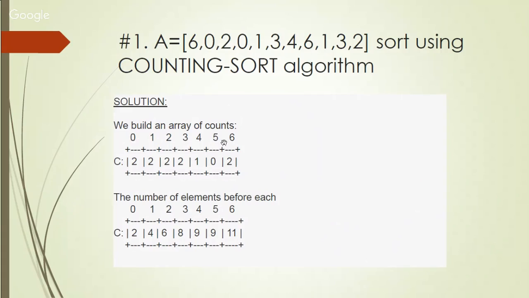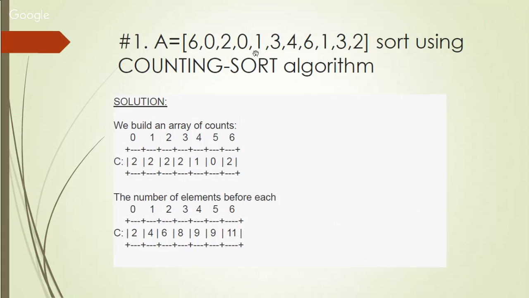Therefore, we shall also use those indices to be able to tally or count the number of times each of the values appear in the original array. So therefore, we look at the number 0, how many times is it appearing here? You have 1, 2. So put 2.